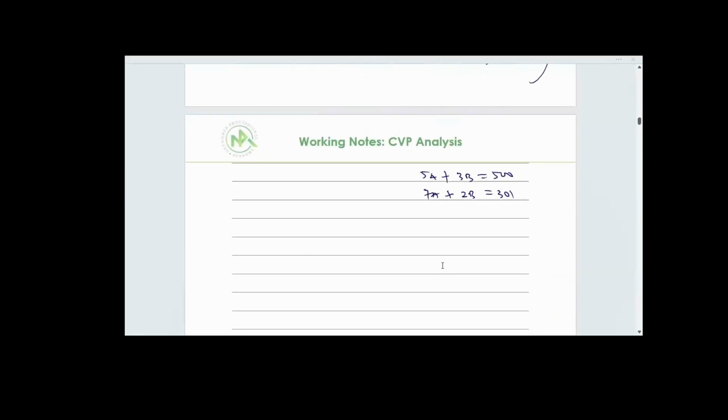So the name of the company is Marina Industries. So I will say Marina. That is illustration number what? Illustration number 2.